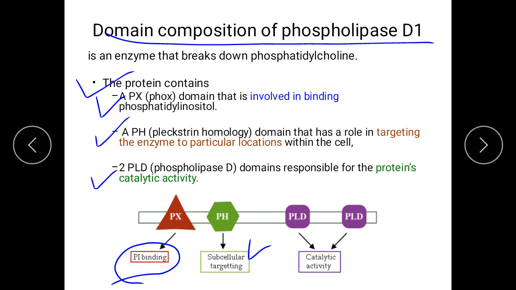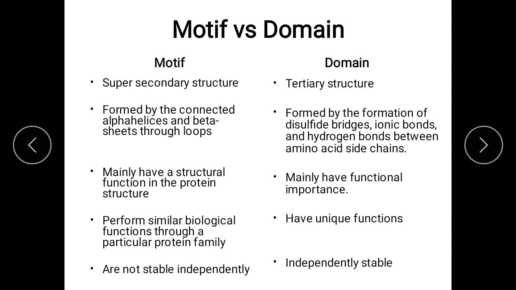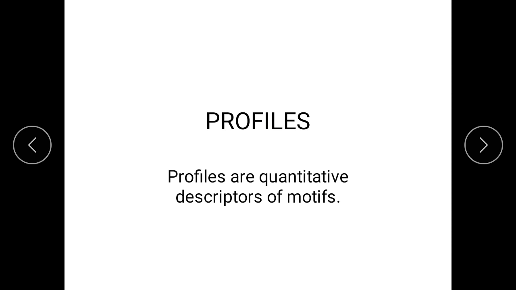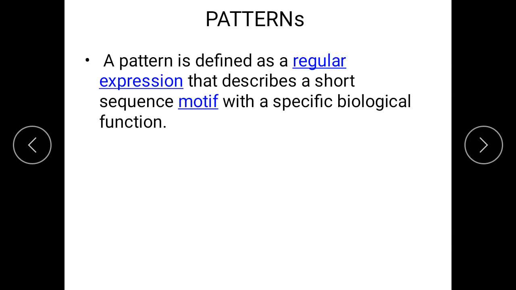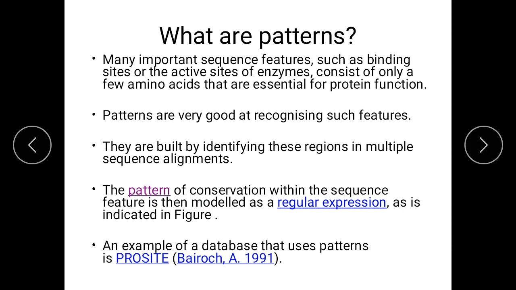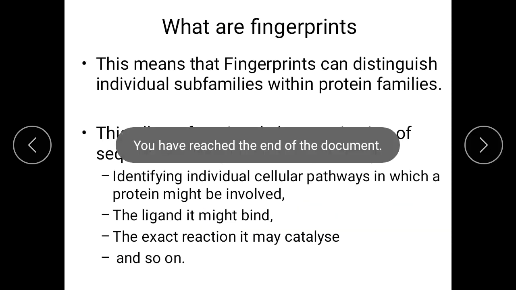We have also studied how many motifs play specific roles in the protein, and the significance of motifs. We have studied the difference between motif and domain, and the similarities. We have also studied profiles, which are a database, the patterns, and the fingerprints. And this is all about today's lecture.